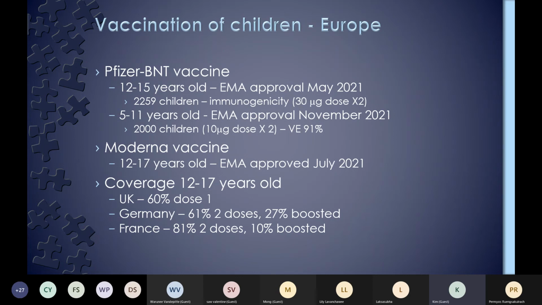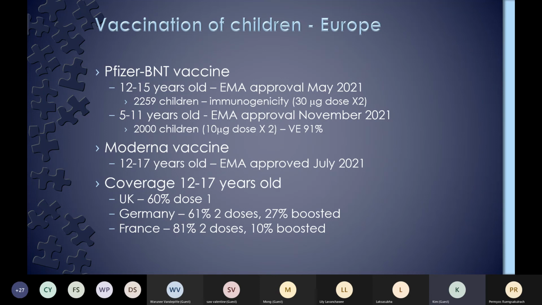And in one study, a relatively short study in Europe, the 10 microgram dose was shown to provide 91% protection in a study of 2,000 children. So that's encouraging. The Moderna vaccine, as I said, is only licensed in Europe in older children.